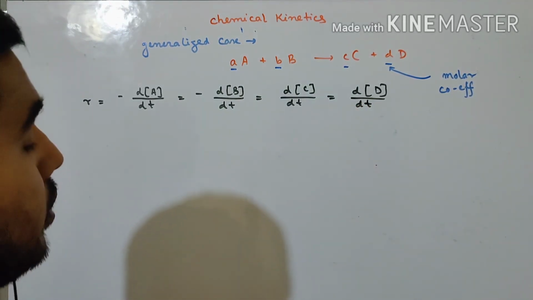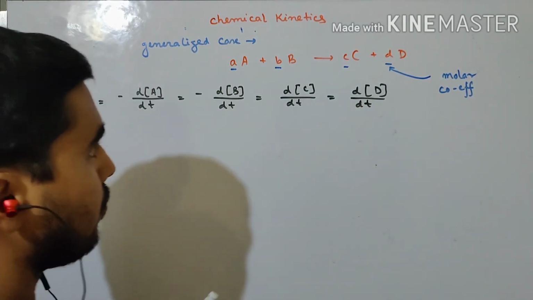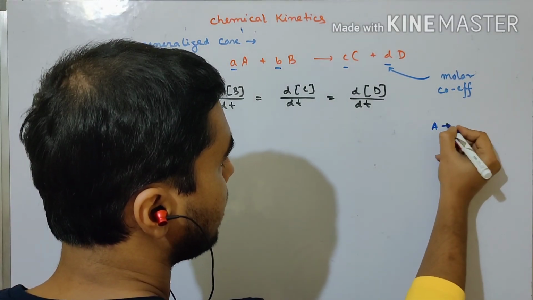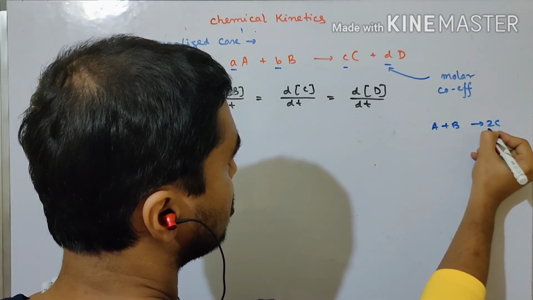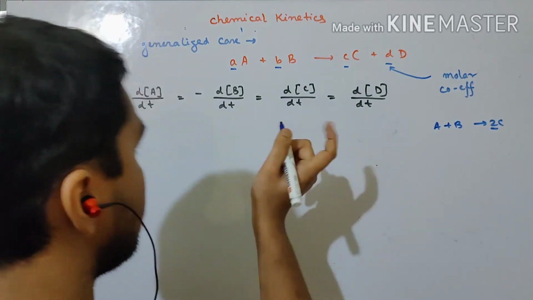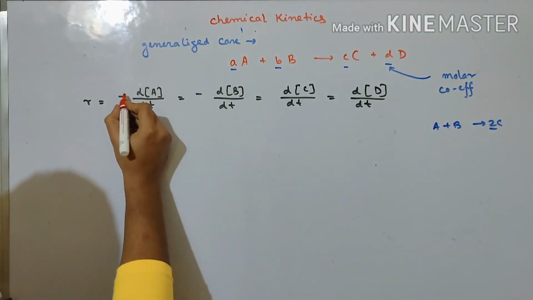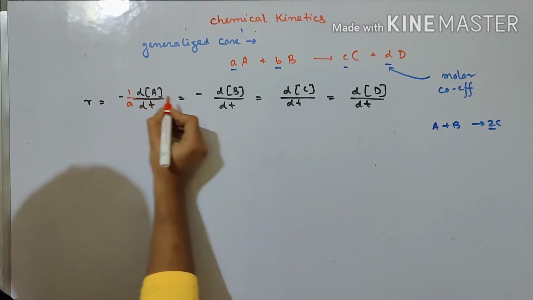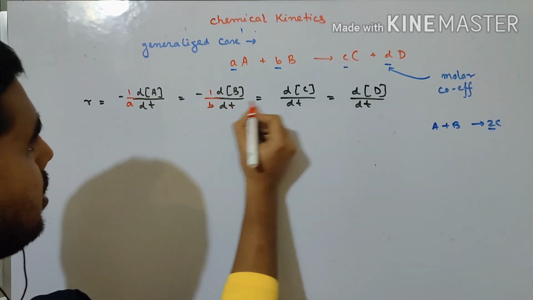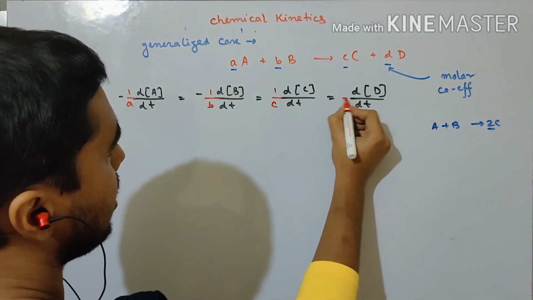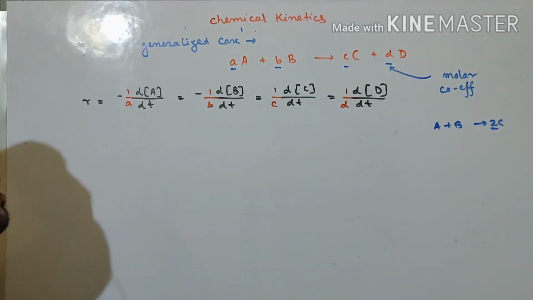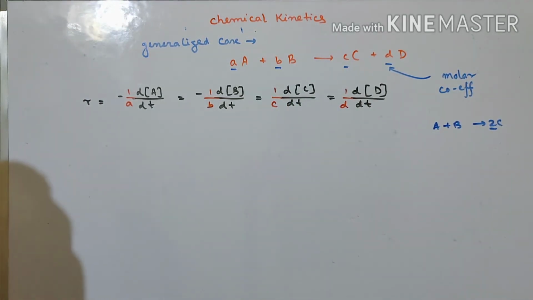But remember, we have earlier seen that in case of A plus B giving rise to 2C, this 2 was becoming 1 by 2 in this differential equation. So here also we are going to do the same. It should be written as 1 by a, 1 by b, 1 by c, and 1 by d. And that is how we can write down the generalized case.